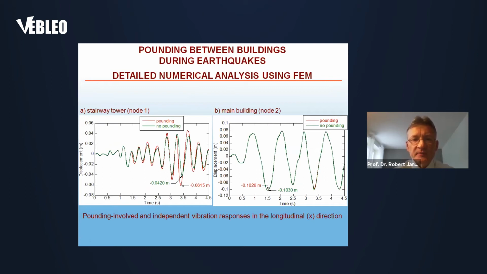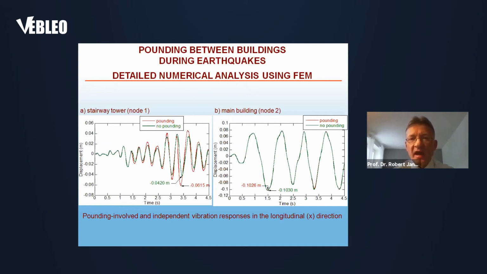Firstly, the displacement responses in the longitudinal direction for the case with pounding and for the case where pounding is not observed, that is the green and red curves. Again, we can see on the left side of this transparency that in the case of pounding, a substantial increase of the response can be observed as a result of those collisions.